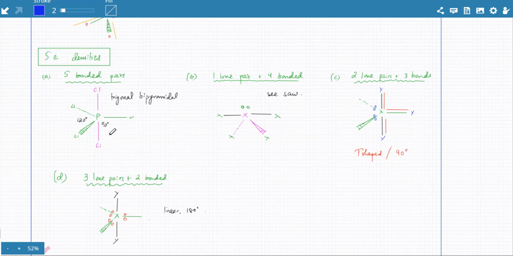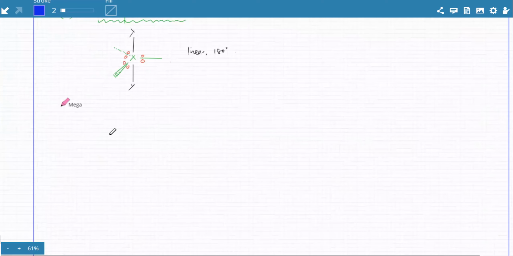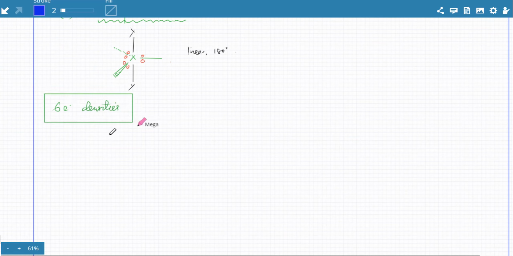Now, the last one probably is if you have six electron densities, or six pairs of electrons, in any shape or size. If you have six electron densities around an atom, then that's very simple. You have x, y, and z axes, like an SF6 molecule.